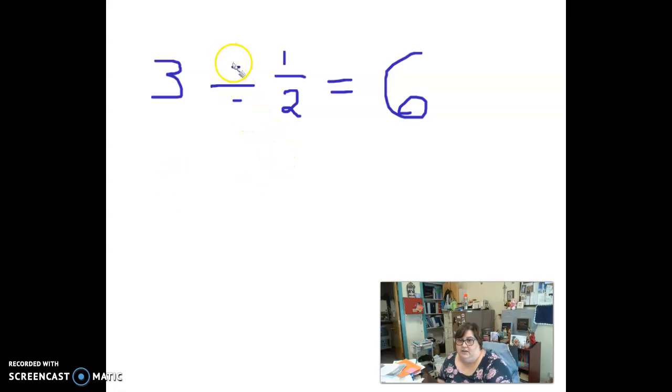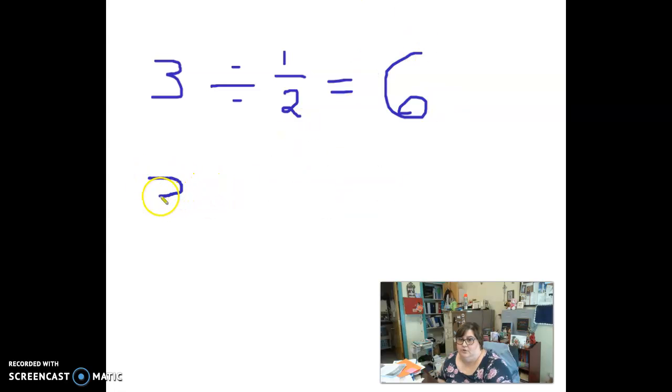Then your division sign is going to turn into a multiplication sign. Then you take the reciprocal of this, which means you flip it and multiply straight across.